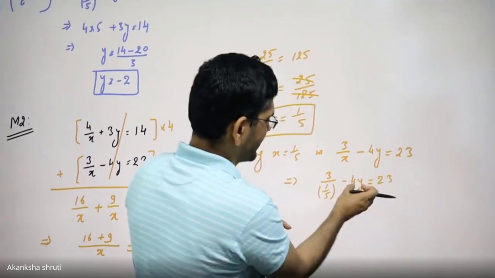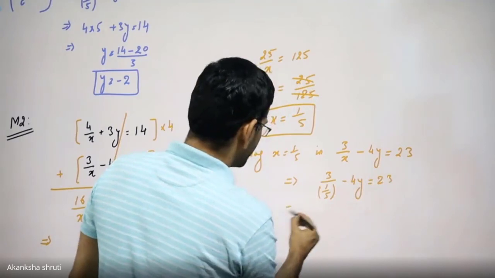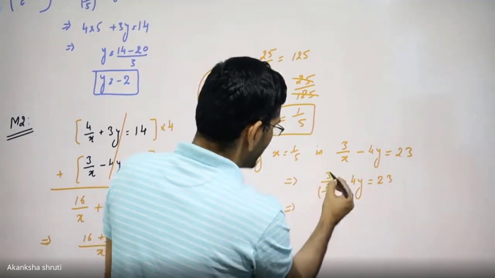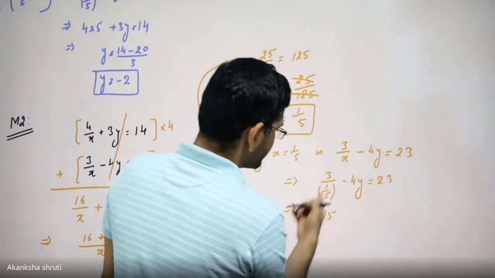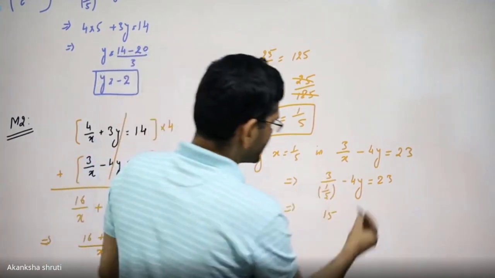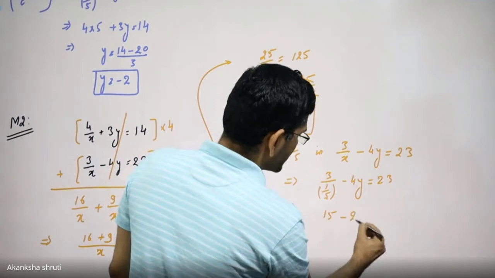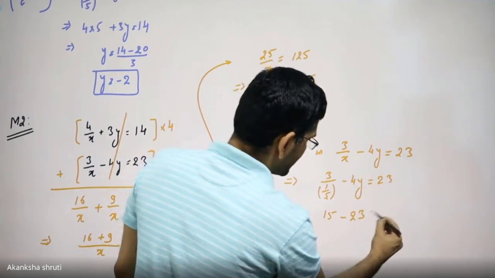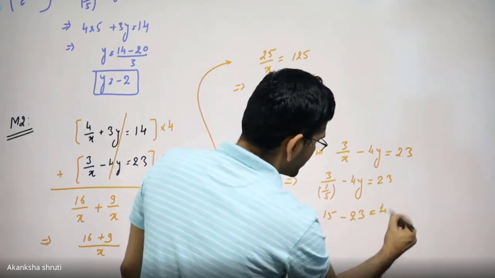You have to find the value of y, send the y on the other side. So 3 5s are, it becomes 15 because this 5 will come in numerator. So 3 5s are 15 minus of 23. This 23 will come on left hand side is equals to 4y.